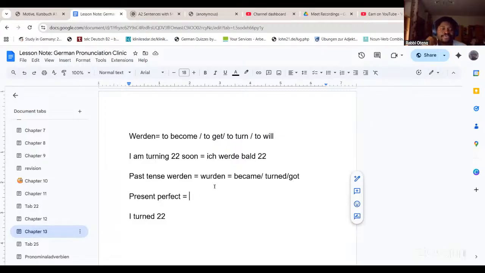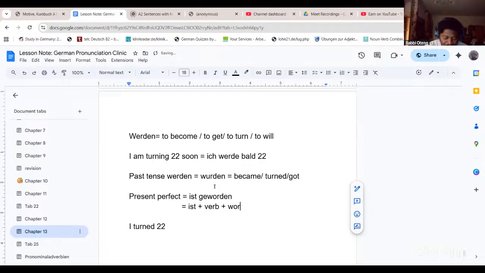So the present perfect is formed with sein, which is ist plus geworden, or ist plus the other verb used in the sentence plus worden.